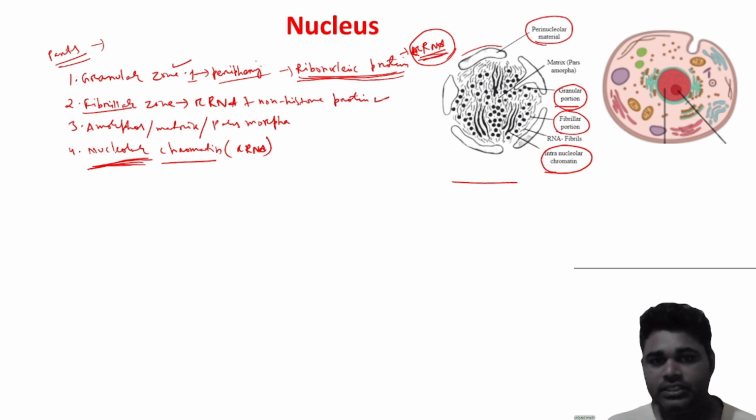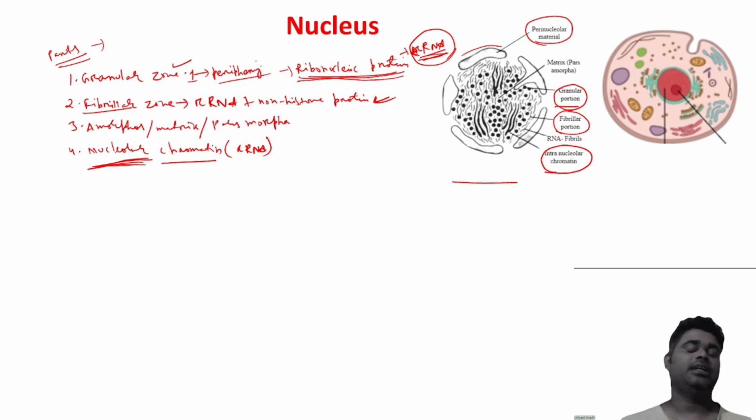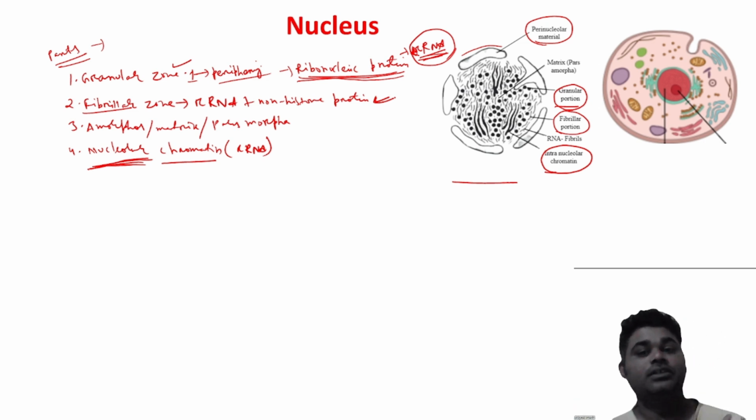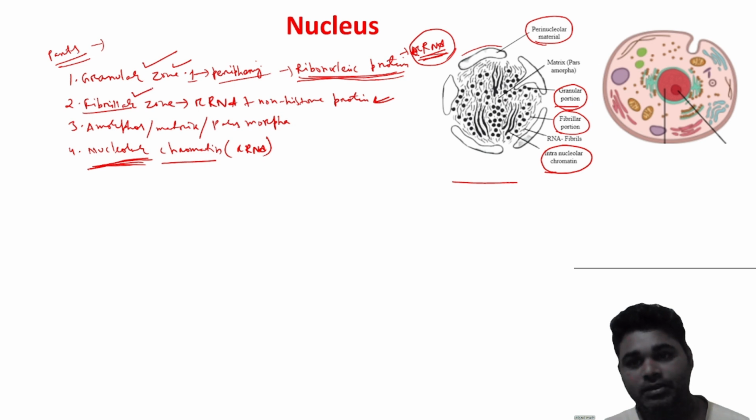In the NEET exam, sometimes it will ask in which part of the nucleolus the proteins are present, or the ribonucleic protein. If asked in which part of the nucleolus the proteins are present, the answer will be the granular zone. And if it asks in which part the rRNA is present, the answer will be the fibrillar zone.